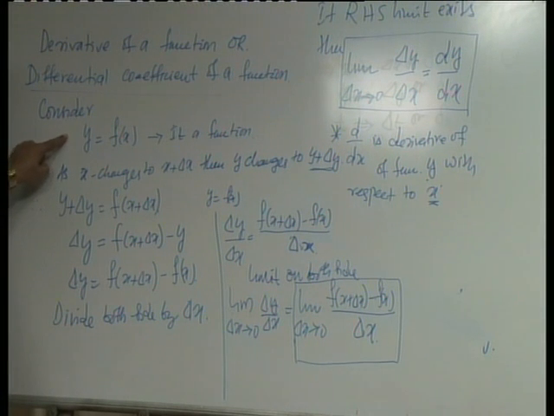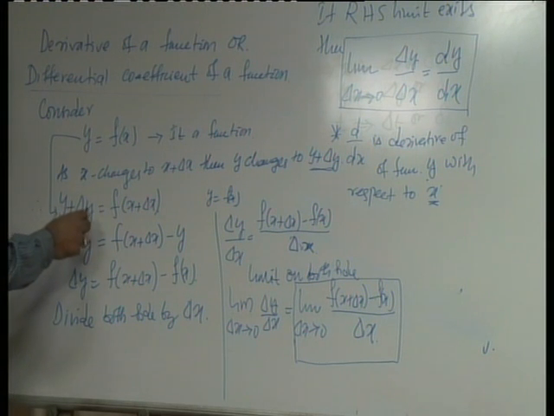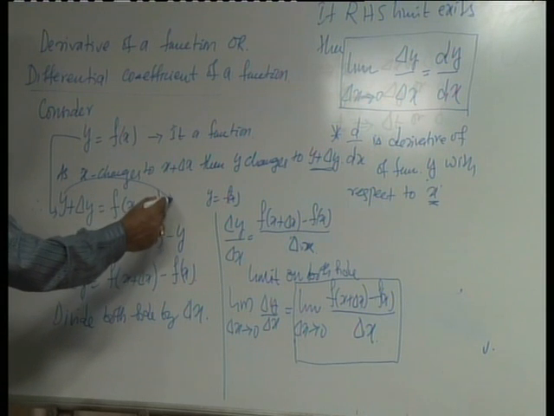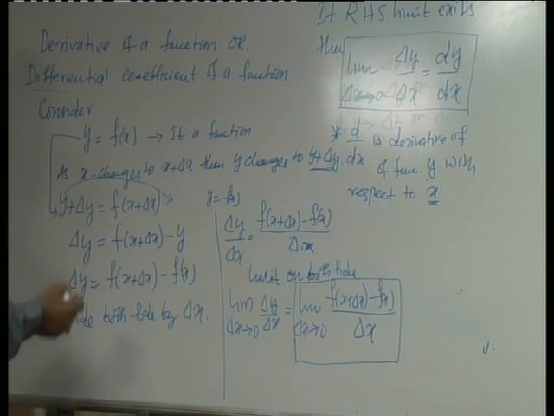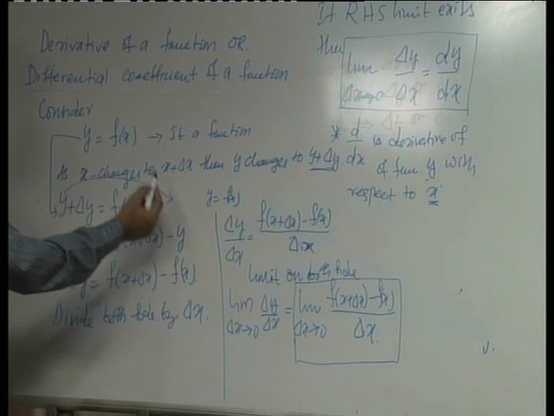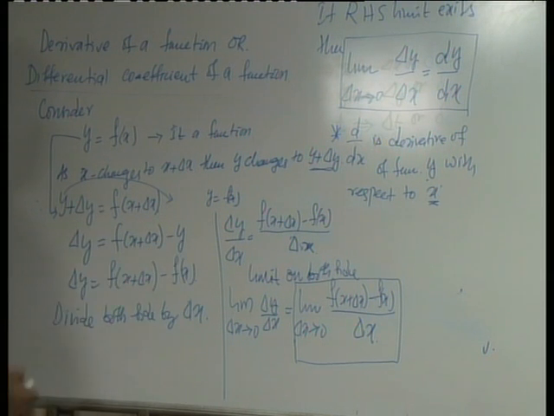Therefore, the given function y is equal to f of x reduces to y plus delta y is equal to f of x plus delta x. Next step, I transfer the y term from the left side to the right side, so this is minus y.